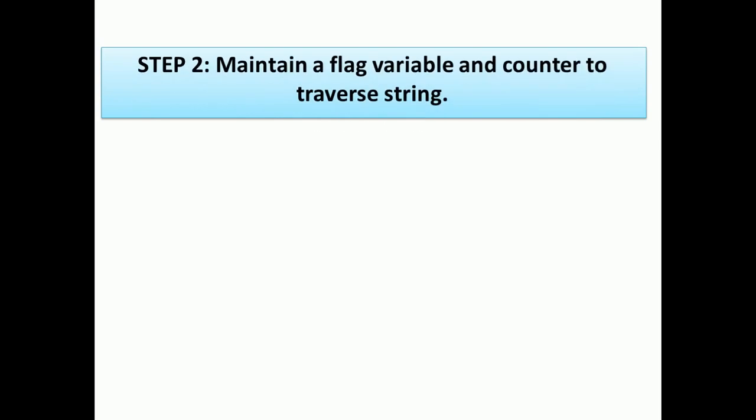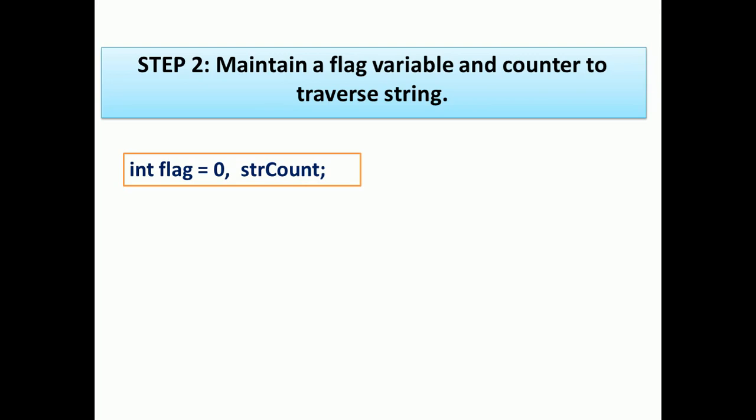As a second step, you have to maintain a flag variable and a counter to traverse the string. This is how it's going to look. Now the purpose of the flag variable is this: in the problem statement, if in the given string you encounter a character which is unique, you have to return the index of that character. On the other hand, if there is no such character present in the string, then you have to return -1.